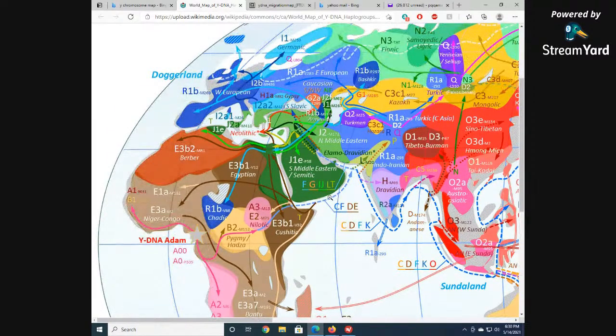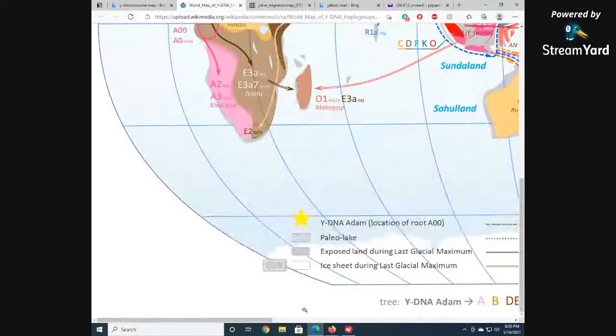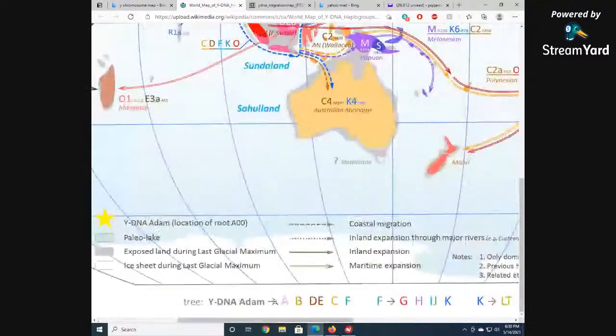So now we've identified basically all of the African Y chromosomes, which are A, B, C, D, and E. But we've identified the I and the J and the H, which is the Elamites. So the only ones left now are the G and the F.